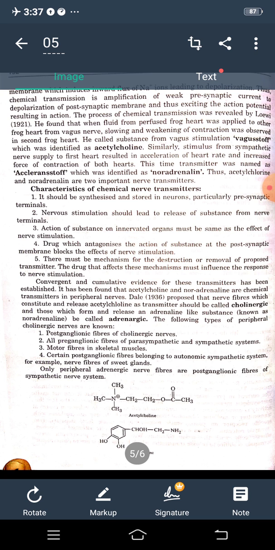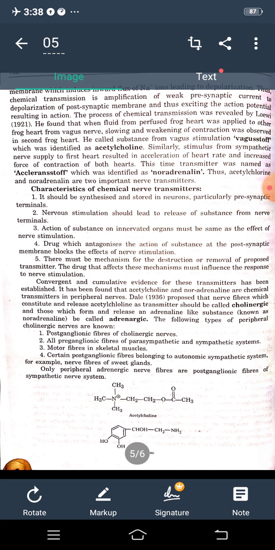The process of chemical transmission was revealed by Loewi in 1921. He found that when fluid from a perfused frog heart, stimulated through the vagus nerve, was applied to another frog heart, slowing and weakening of contraction was observed in the second frog heart. He called the substance from vagus stimulation vagusstoff, which was identified as acetylcholine.